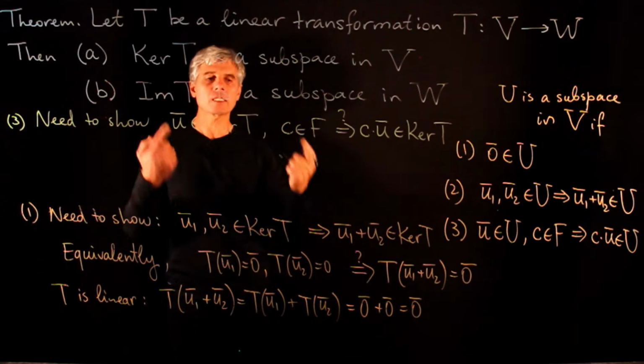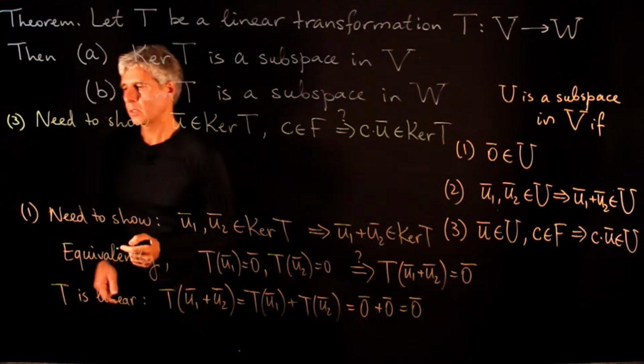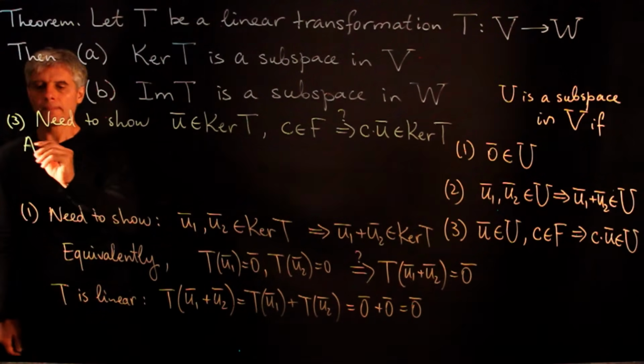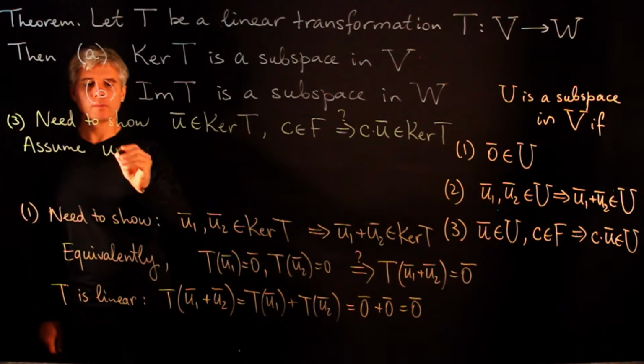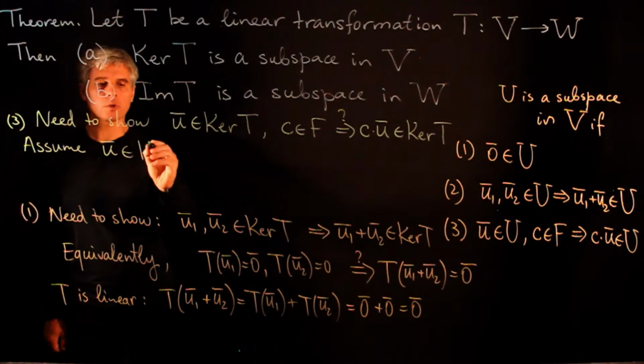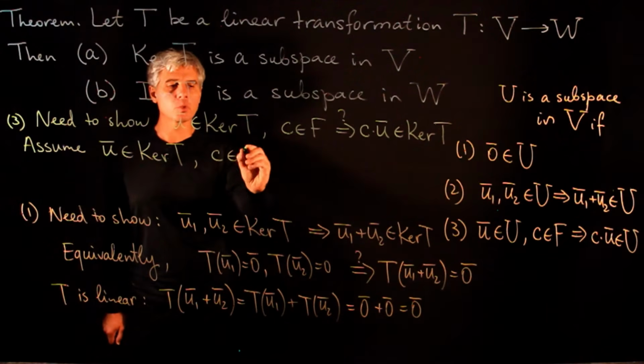We say, let us assume A and use this information to derive B. So we say, assume U belongs to the kernel of T and C belongs to F.